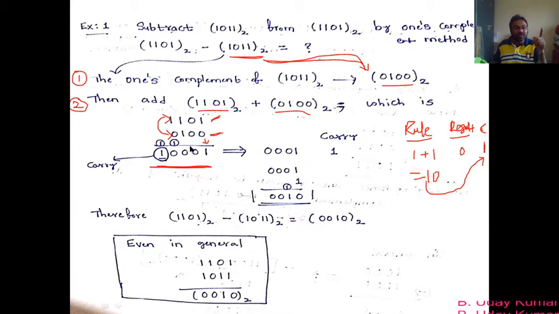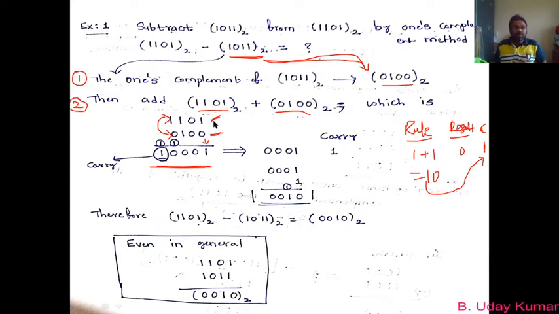You know that you can subtract one binary number from the other, but the answer can be positive or negative. We already discussed it, right? The answer will be positive if you get a carry here. Carry means an additional digit.